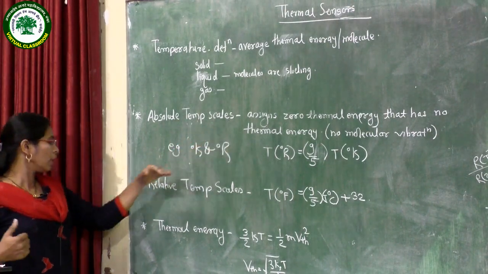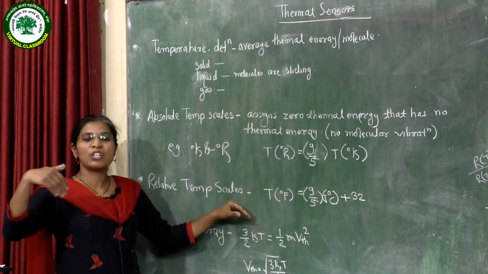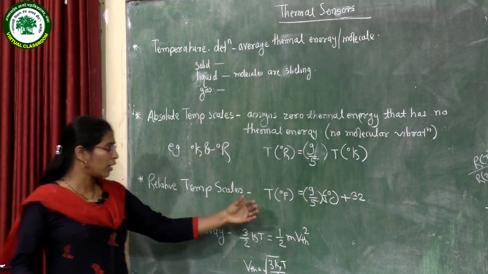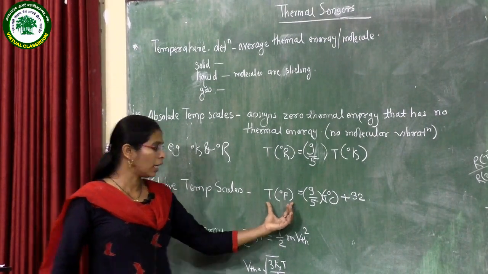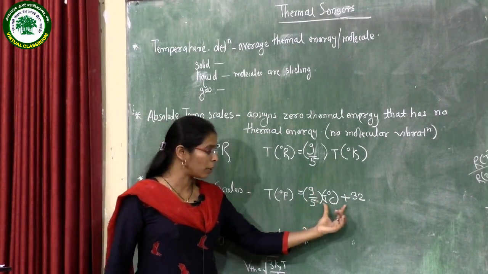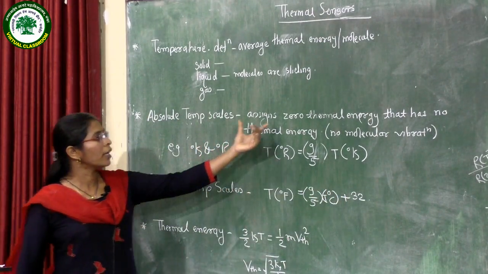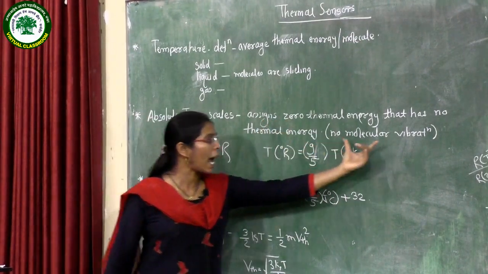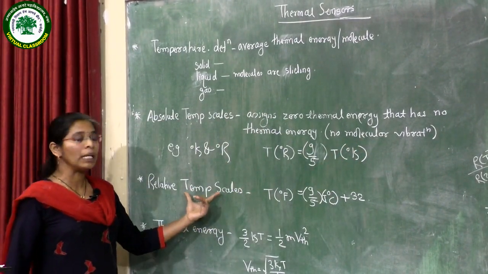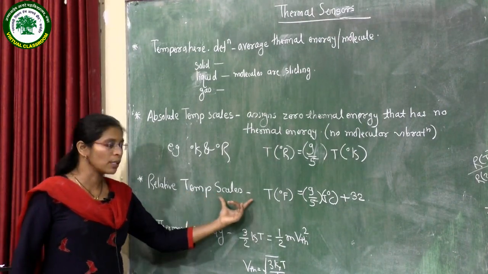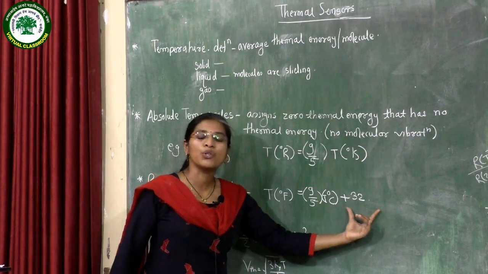On the contrary, in the case of the relative temperature scale, the 0 has been shifted a little bit in such a way that the relation is temperature in degree Fahrenheit equals 9/5 into temperature in degree Celsius plus 32. In the earlier case there was 0 thermal energy with no molecular vibration, while over here even if there is 0 on the temperature scale, the molecules are still not stationary.